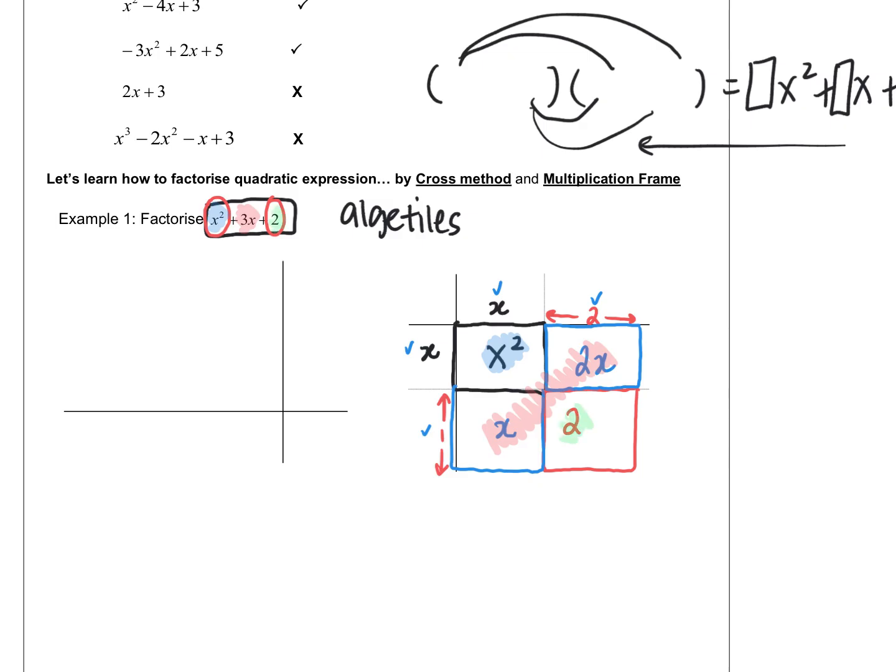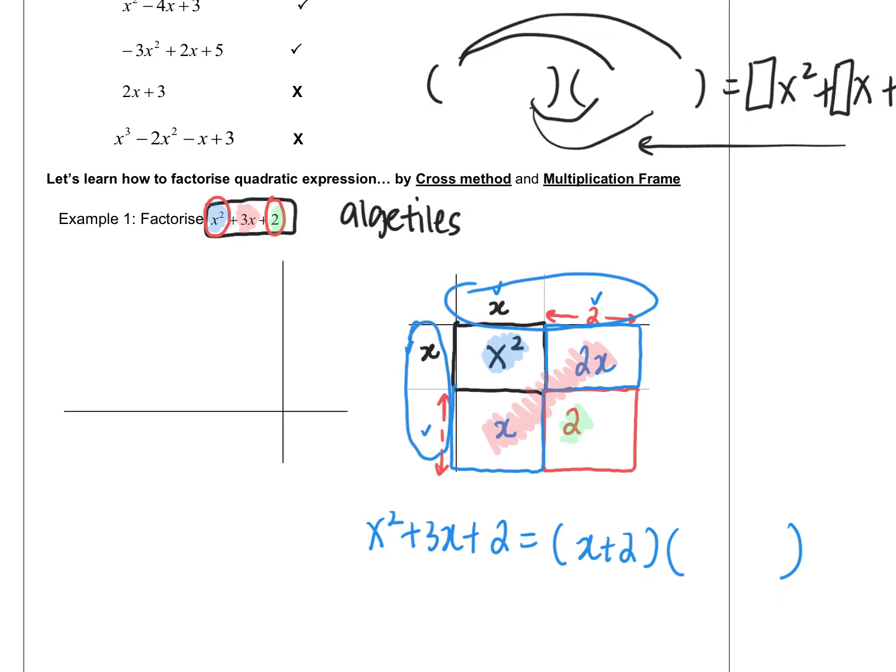So what is the dimension of this box? It is x plus 2 by x plus 1.